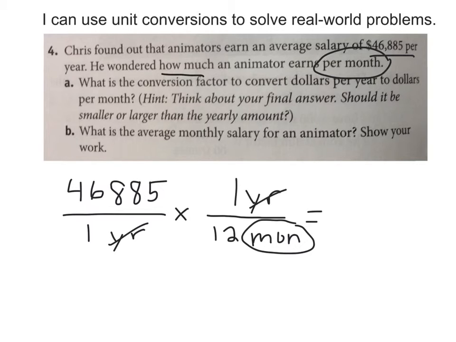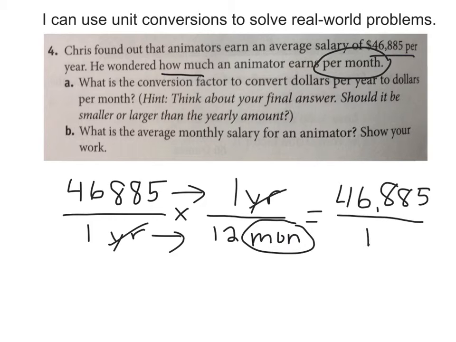Well, when I'm multiplying fractions, I multiply straight across. So 46,885 times 1 is simply going to be 46,885. And same thing here, when I multiply 1 times 12, I know that 1 times 12 is simply going to be 12. So now I have to go back to that math that we always say in the classroom.